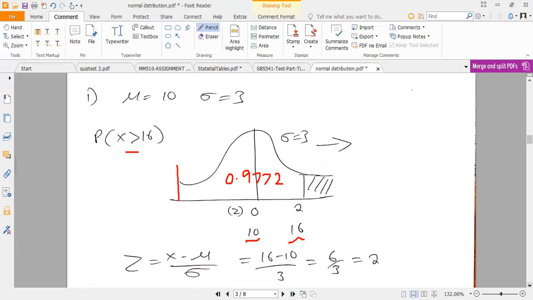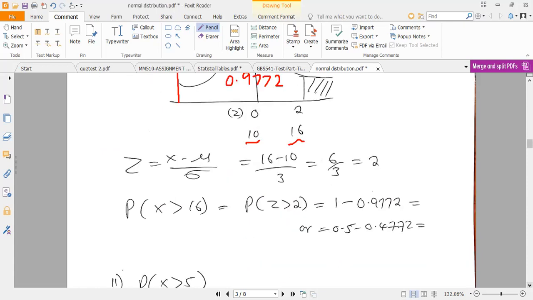So can we subtract 1 minus 0.9772? What are we getting? 0.0228.